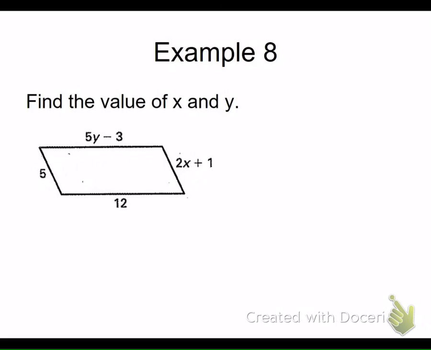It was the first property you wrote down. Opposite sides are congruent. So to find y, I'm going to do 5y minus 3 equals 12. And to find x, I'm going to do 2x plus 1 equals 5. And if you want to label it in the diagram when you're working on your homework, it would look like this.